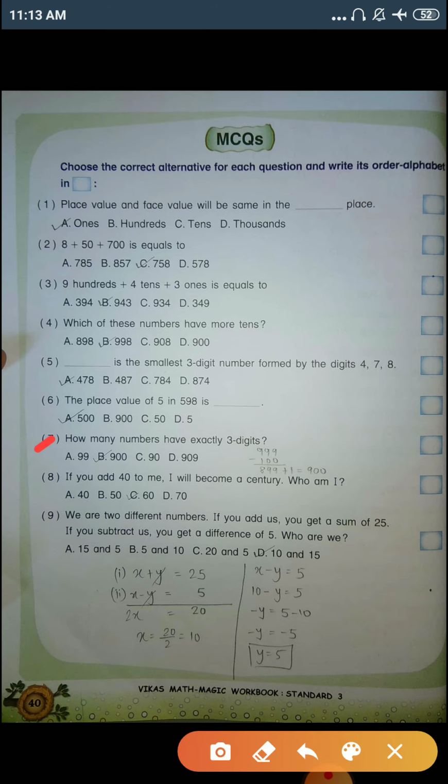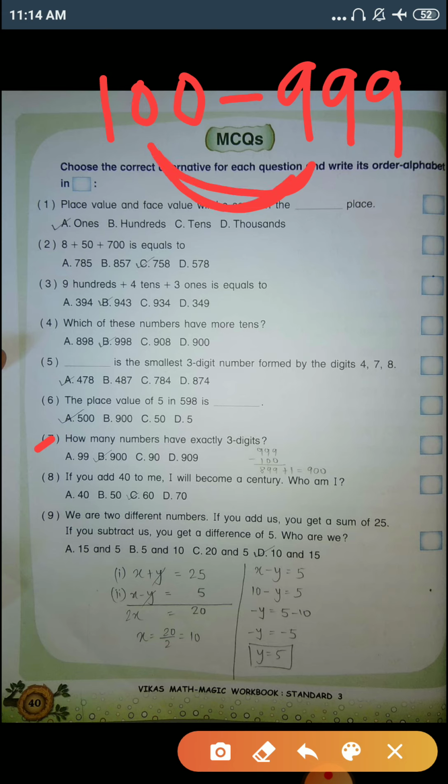Number 7. How many numbers have exactly 3 digits? For finding out the answer of this question, we need to solve this. Okay, now 3-digit numbers start with 100 and end with 999. So we are going to see how many numbers come in between. For that, we simply need to subtract these two numbers.